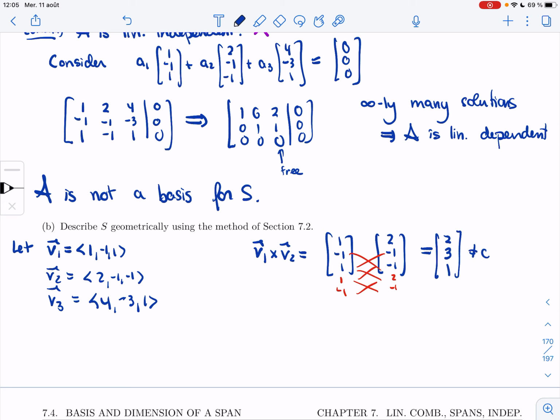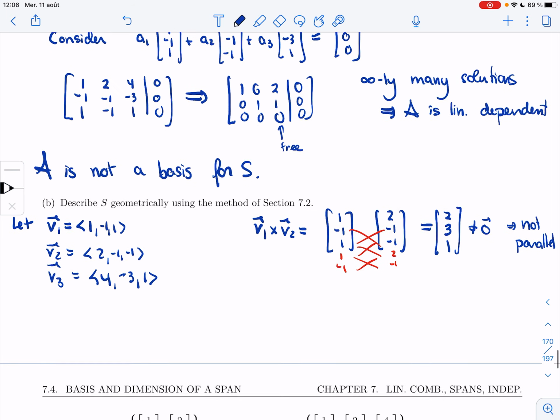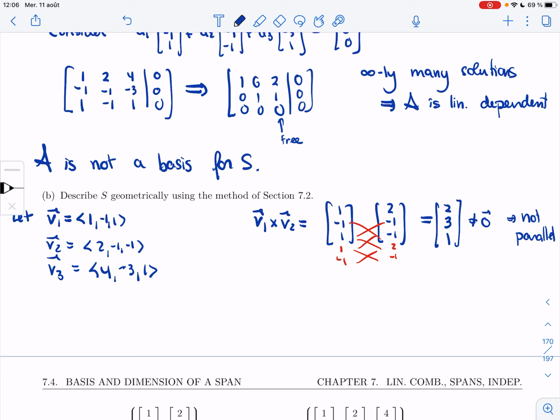So this isn't 0, so that means they're not parallel. So I don't have the 0 vector 3 times. The vectors I have are not all parallel. So at this point, it's either a plane or R3.